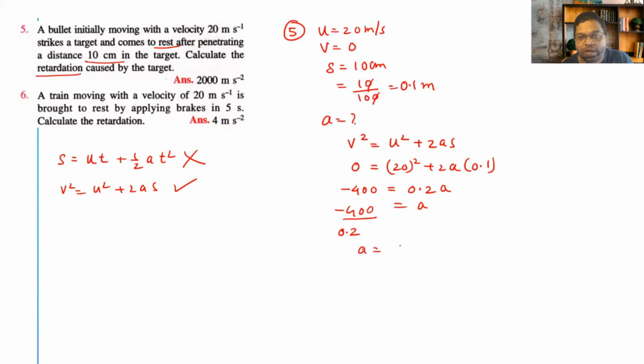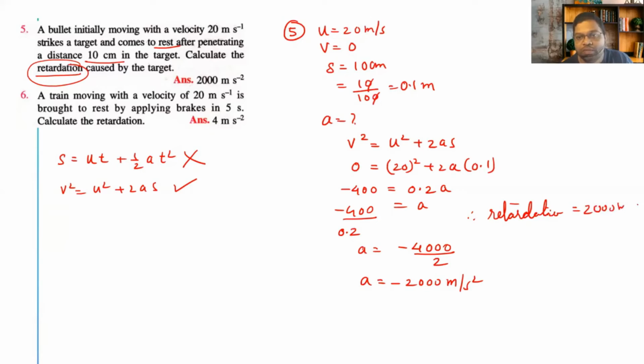What will we get if you shift the decimal? 2000 meter per second squared. Now, since they are asking for retardation, therefore retardation is 2000 meter per second square. Do you follow that? When they are talking about retardation, we don't write negative.